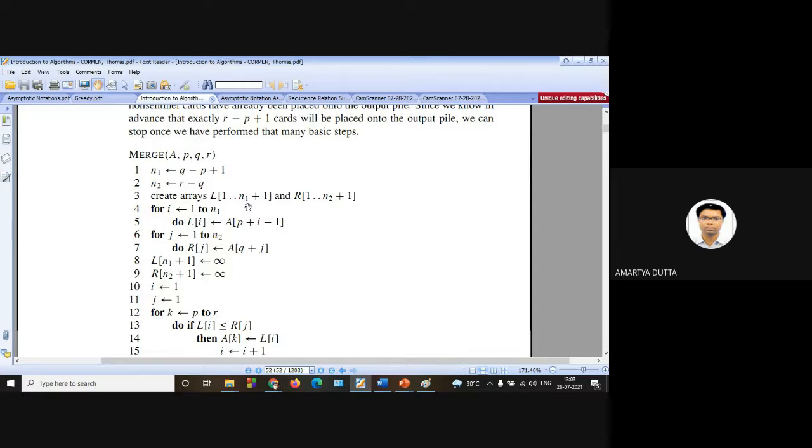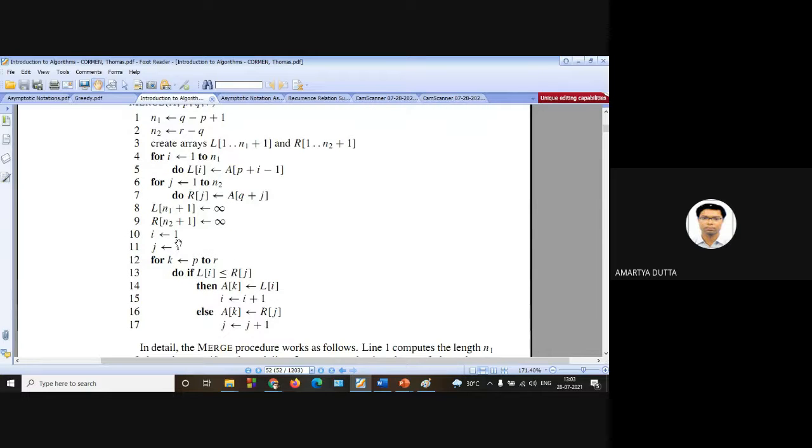Now here the left array is 1 to N1 plus 1 instead of 1 to N1. Similarly, the right array is 1 to N2 plus 1 instead of 1 to N2. Why? Because the last elements are called the sentinels. These are the guards, denoted as infinity. In your program, you can put 999 or any huge number.